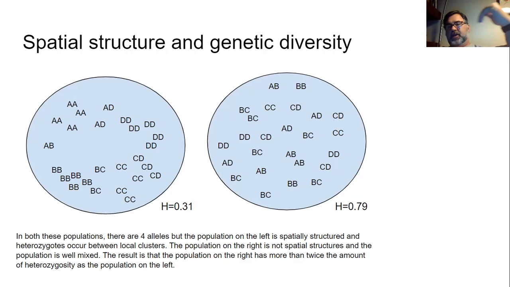In the other, you have panmixis, so everybody's breeding with each other, and you can maintain heterozygosity. So allelic diversity and heterozygosity are two different things. Just because you have allelic diversity doesn't mean you have heterozygosity.